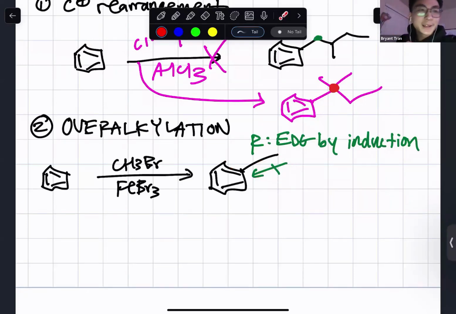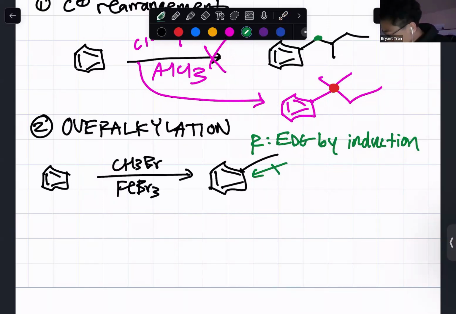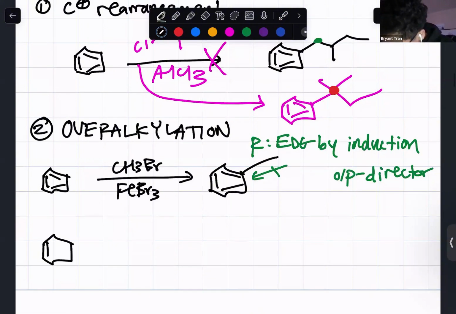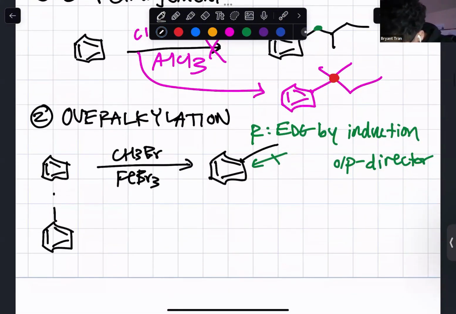And do you guys remember if an EDG is an ortho-para director or meta director? What would an EDG be? Ortho-para directing or meta directing? Ortho-para directing, right? So before we go over that, let's say we have a substituent right here.